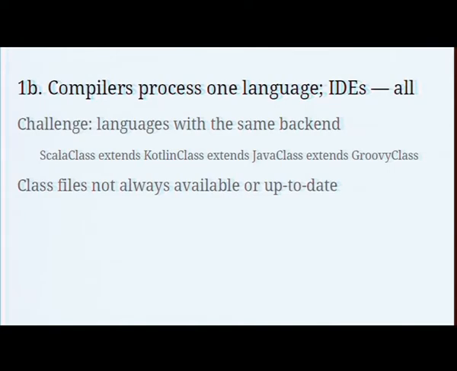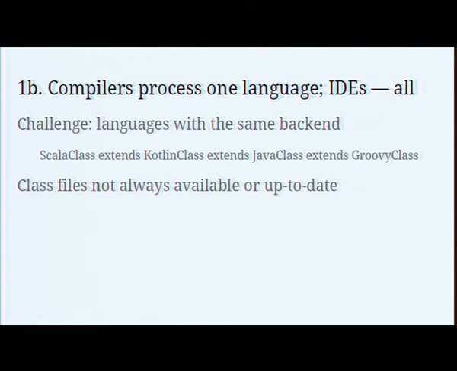For a compiler, that wouldn't be a very big issue if first the Groovy class is compiled, then the Java class, then the Kotlin class, then the Scala class, in this example. Then the compiler would just see this all as class files, and class files have a unified format, and all these compilers obviously know how to parse that.